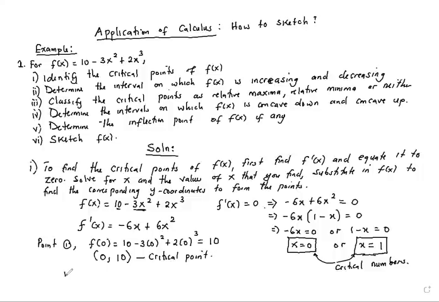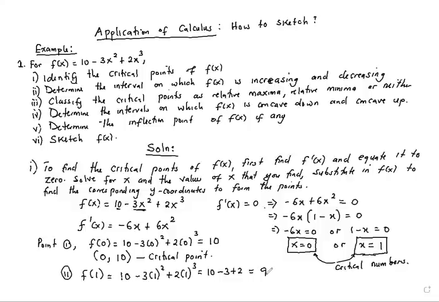Point 2, f of 1. So we have 10 minus 3 by 1 squared plus 2 by 1 power 3. This will be 10 minus 3 plus 2, giving us 10 minus 3, that's 7, plus 2, that's 9.